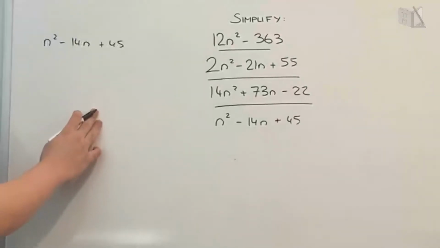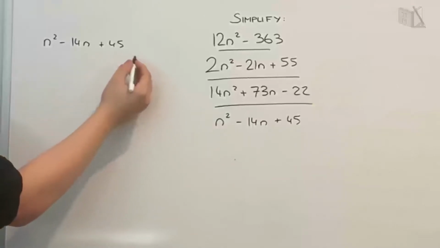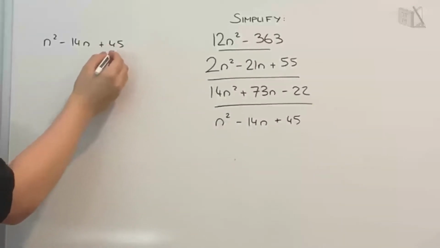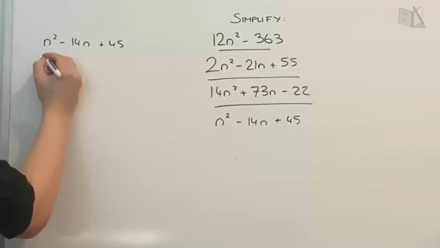Here we're going to factorize n squared minus 14n plus 45. This is relatively easier compared to the last two we have just factorized. We're looking for two numbers that multiply to give positive 45 and add to give minus 14.